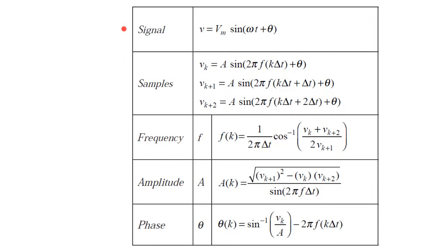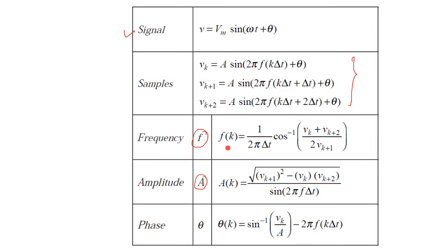The signal we considered here is V equal to Vm sin of omega t plus theta, and we need to collect 3 samples, Vk, Vk plus 1 and Vk plus 2, and these are the expressions for the samples. From that we first estimate the frequency, then the amplitude.